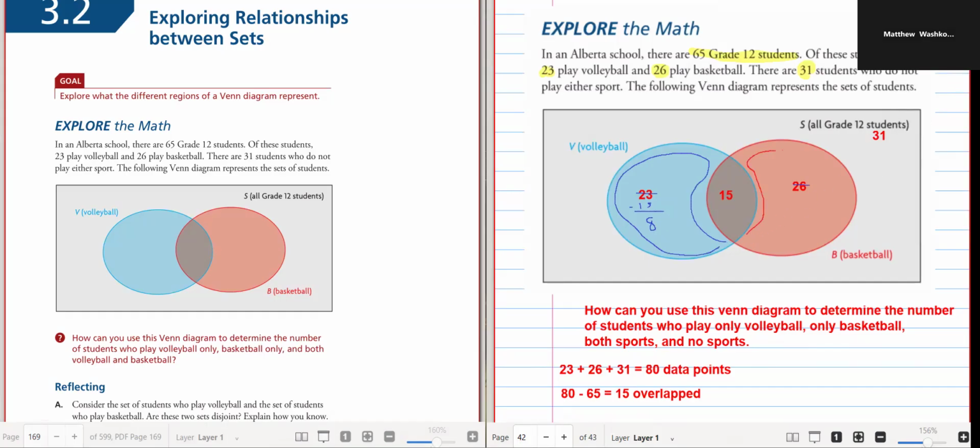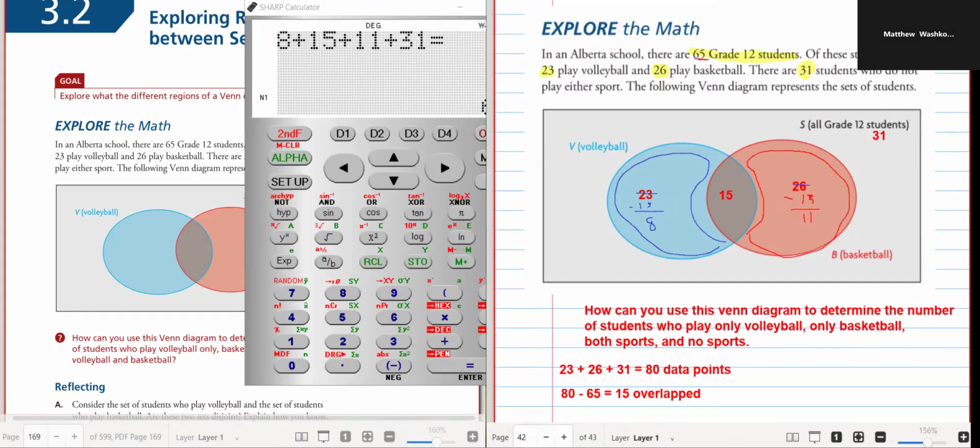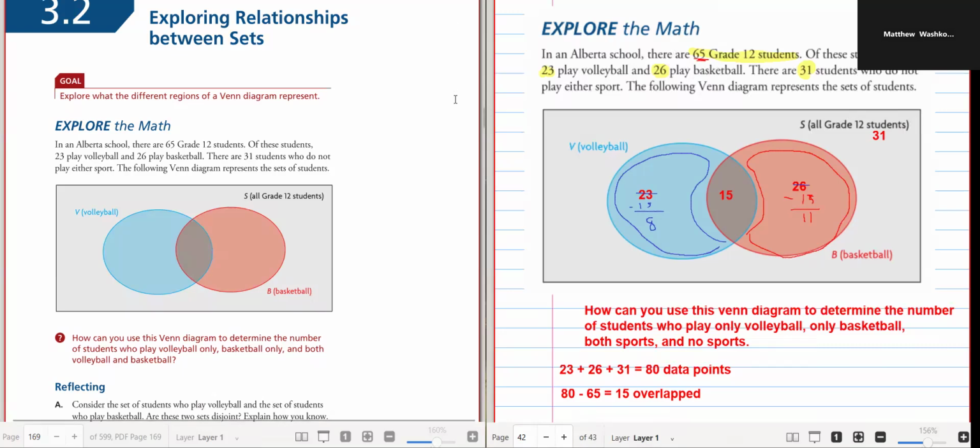Likewise, I know there's 15 basketball players who play volleyball, which means there's 11 people who only play basketball. And now if I add those figures up, 8 plus 15 plus 11 plus 31, I've categorized all 65 of my youth in this case.